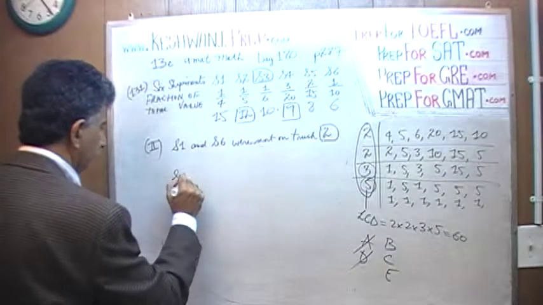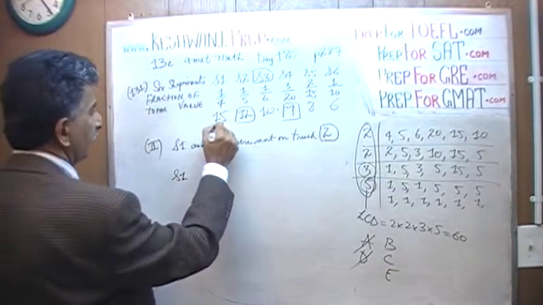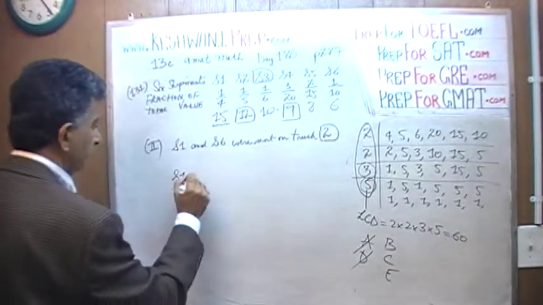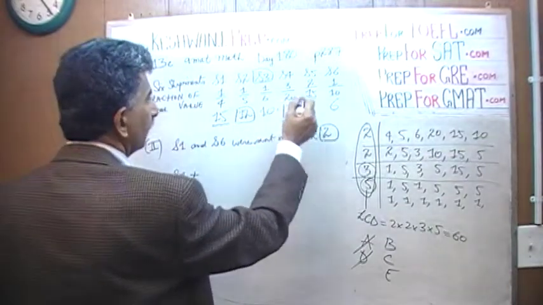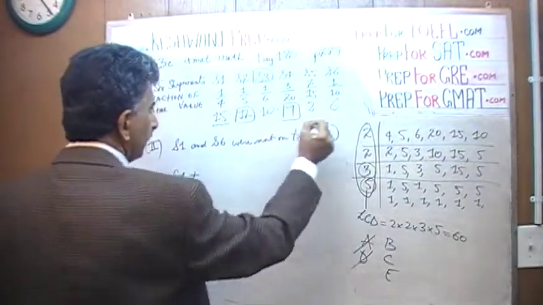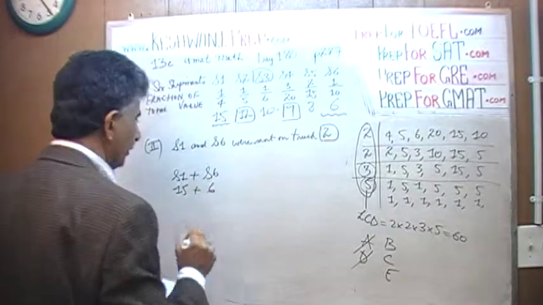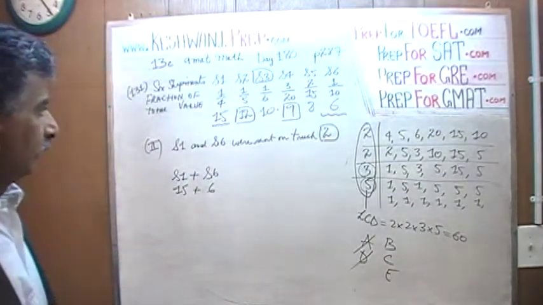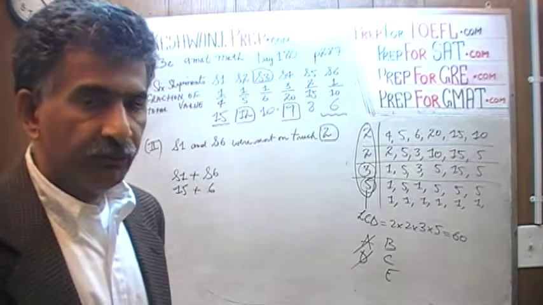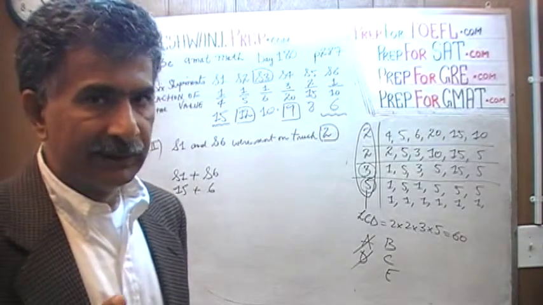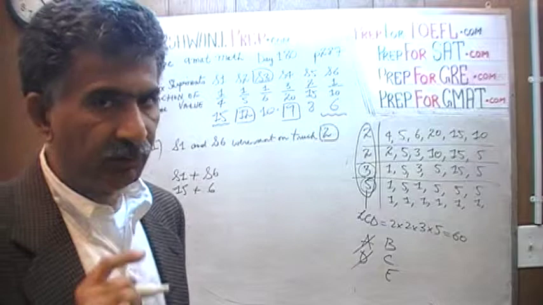So shipment 1 is 15 ton. Shipment 6 is 6 ton, right here. There's 21 so far. The question simply is, was shipment 3 sent on truck 1? Remember, that's the question we are answering.